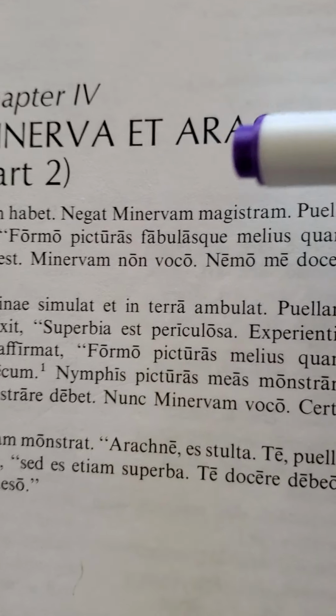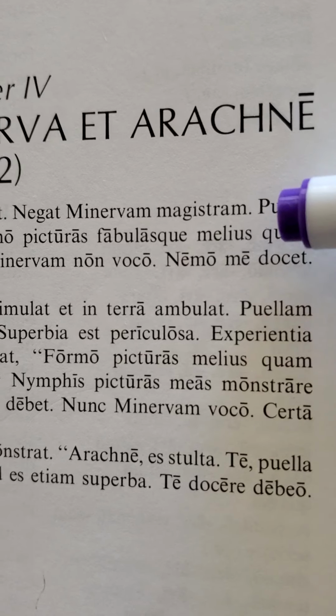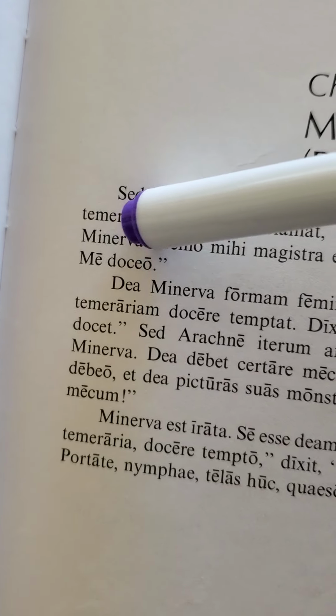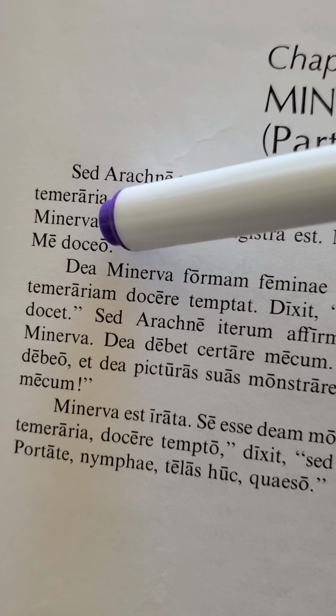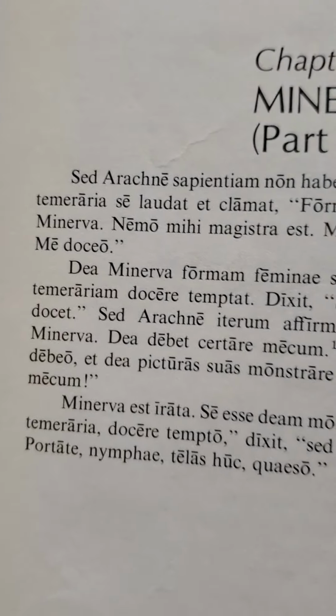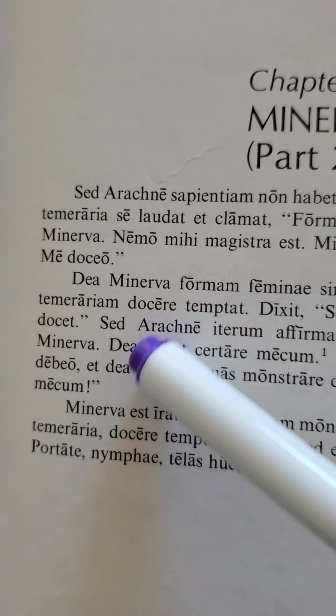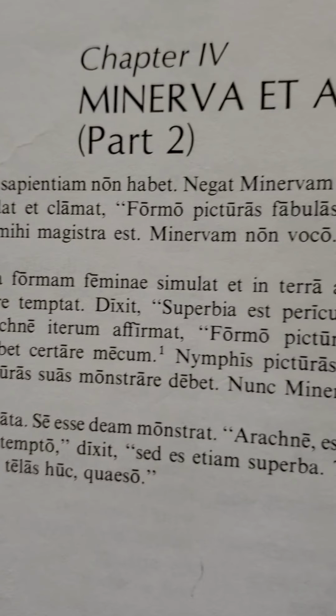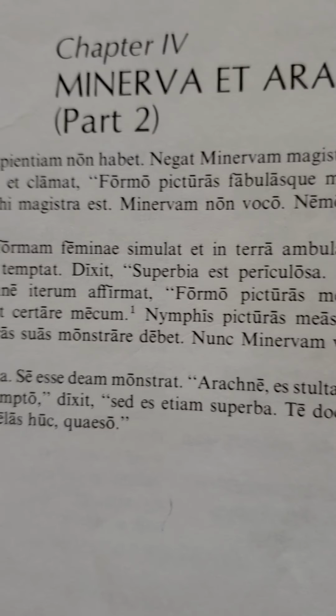There's voco, I call, vocat, he, she, it calls, me, doceo, I teach, me, that's I. So, oh, there's a docere, to teach. So we have more forms of verbs to look at.